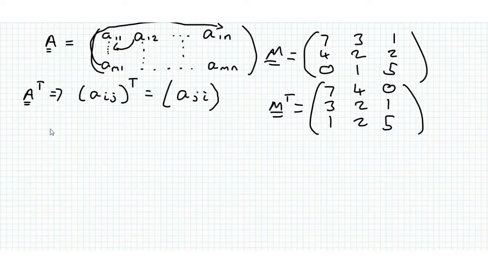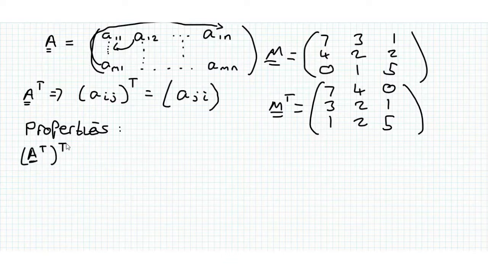Okay, now we'll look at some properties. If we transpose A and then we transpose that, it just gives us A. Pretty simple one. Just look at this example. We swap the rows and columns, and if we swap the rows and columns again, we just get back to where we were in the beginning.